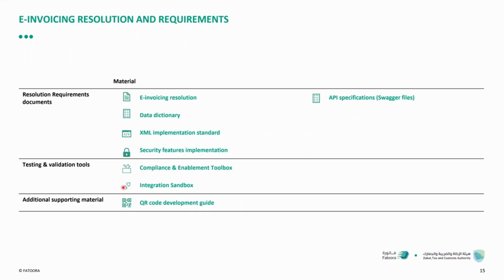We have also made available an integration sandbox, sandbox.zatka.gov.sa, which will give you more features and more tools to integrate and send some APIs towards the Zatka platform to test the compatibility of your application development. Then finally, we have released some additional material, which is basically the QR code, how to develop it in a much cleaner format. You'll have a QR code development guide published right now on our website.